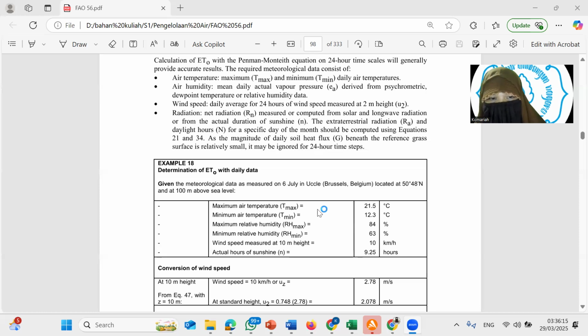And then the weather information: maximum temperature, minimum temperature, maximum relative humidity, minimum relative humidity, and also the wind speed, and also actual hours of sunshine, or the period of solar radiation or photoperiodicity. So these are the basic information required to determine the reference evapotranspiration on a daily basis.